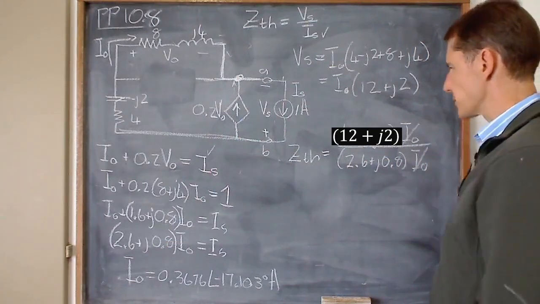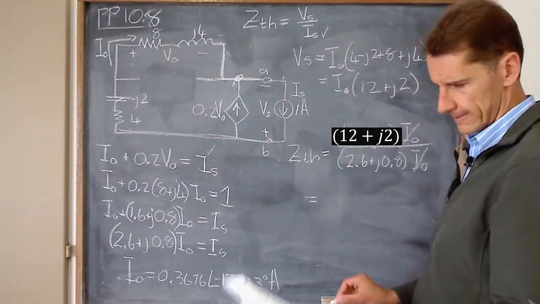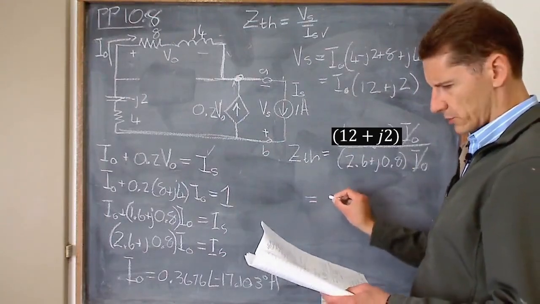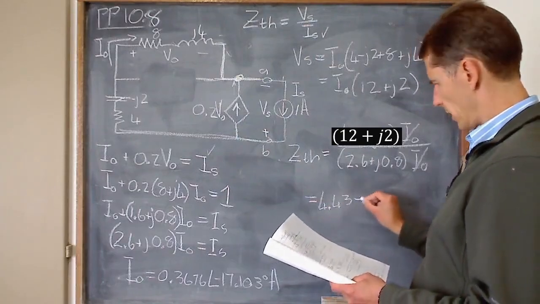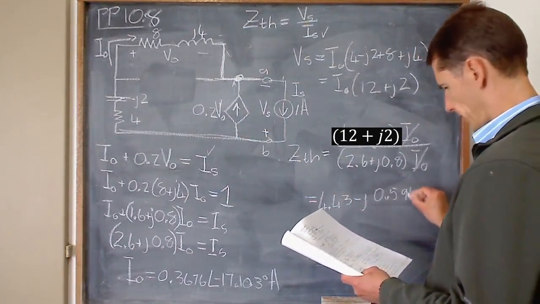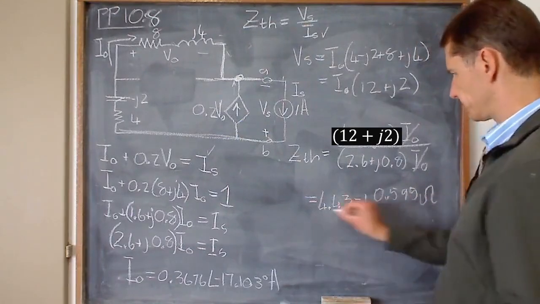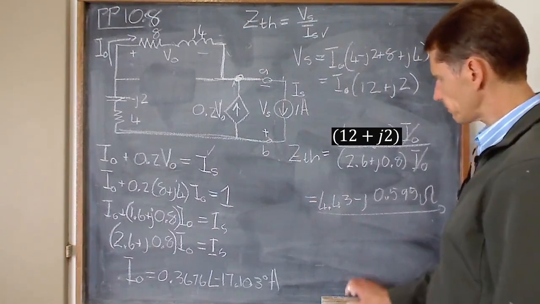So the I outs actually cancel out in the end, which means you didn't really have to go and calculate it. And then you're going to get 4.43 minus J0.4595 ohms. All right, so there's your Z Thevenin.